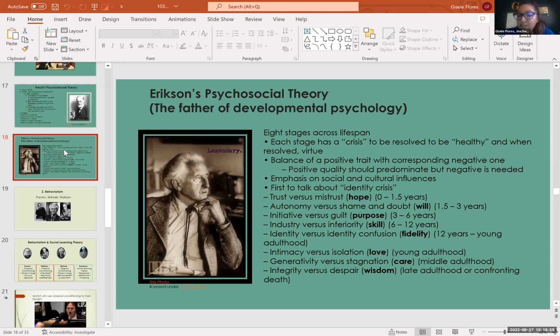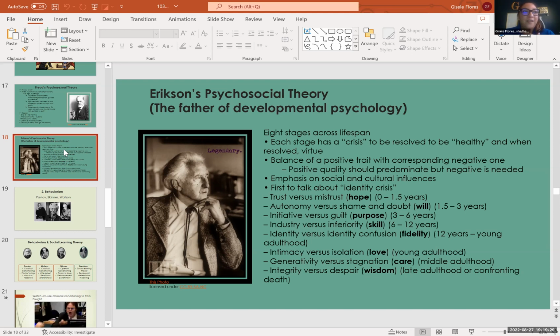Now, the next stage is identity versus identity confusion. And we're looking at 12 years to young adulthood. When we're looking at this age group, this is typically when children are ending middle school, starting to get into high school. And what are they trying to do? Who are they around more than anyone? Their peers. And so their peers have a huge influence on them, and they're trying to figure out who they are.